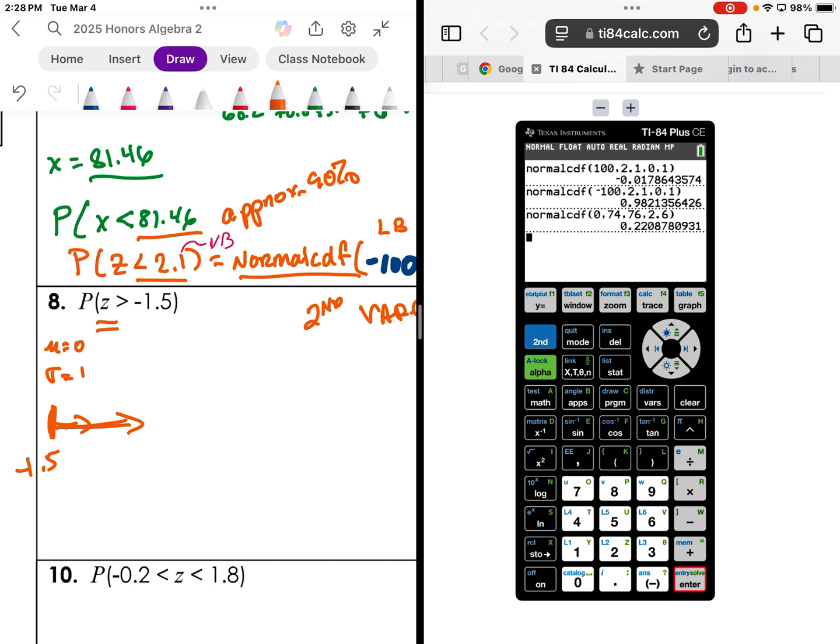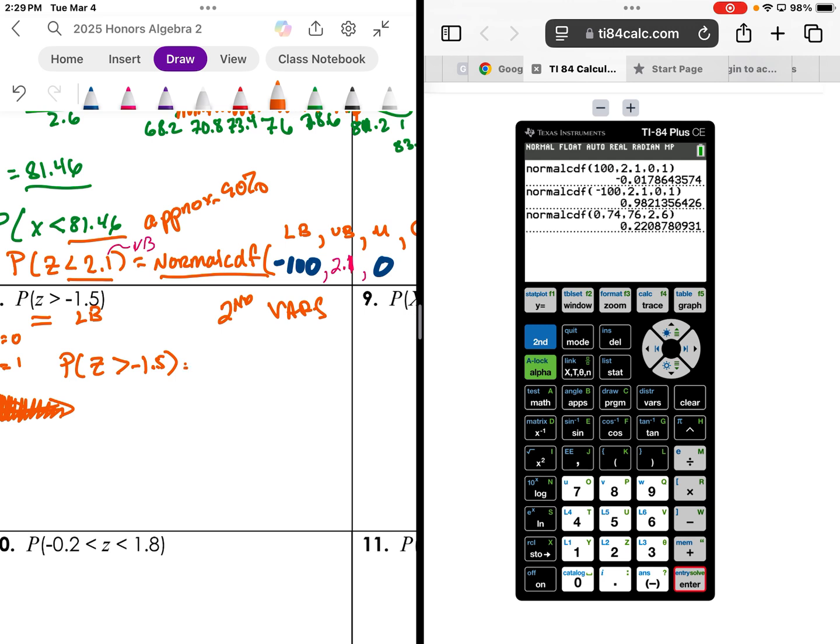When I look at my picture, I'm starting at negative 1.5 and shading out to the right of my curve. So that tells me this has to be my lower bound. When they're asking for something greater than, that number is your lower bound in that normal CDF feature.